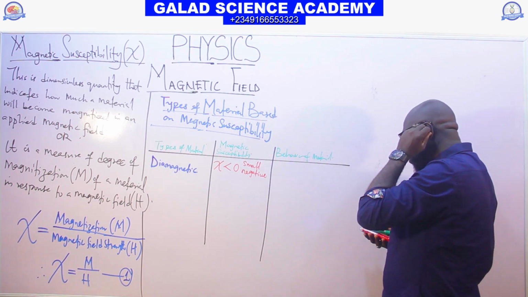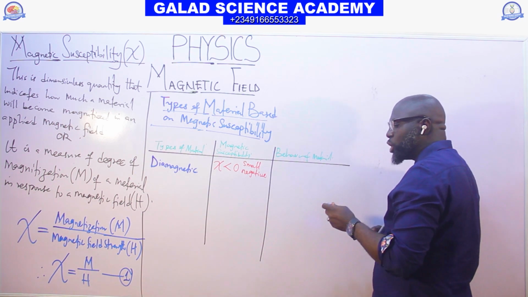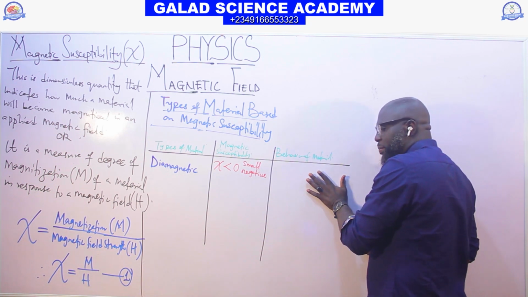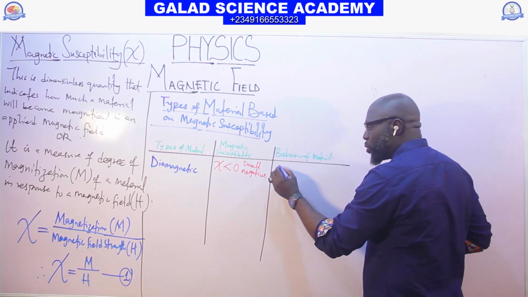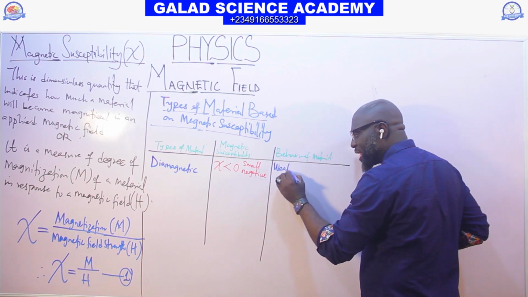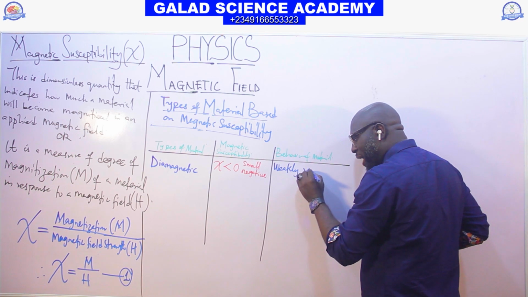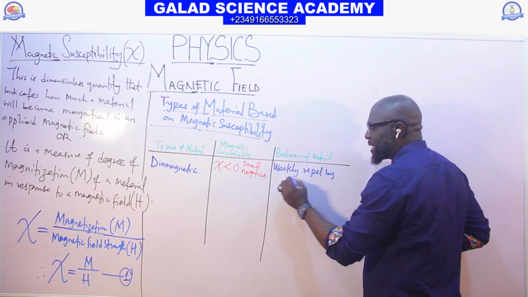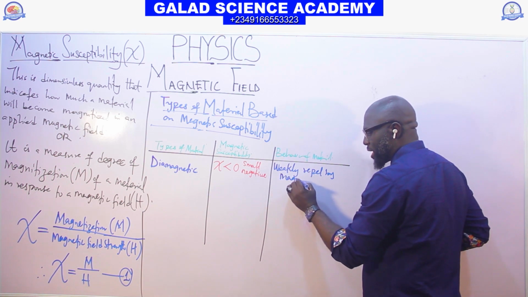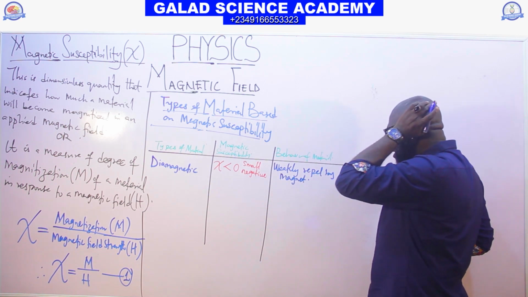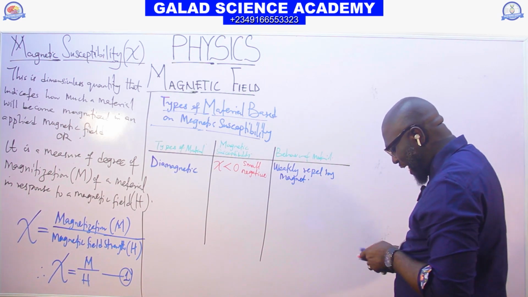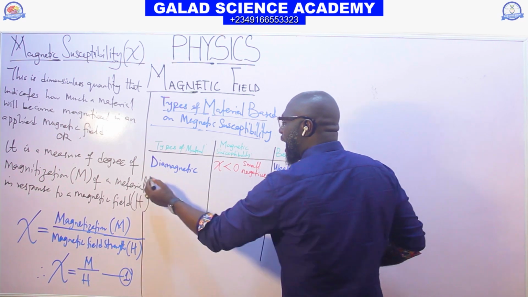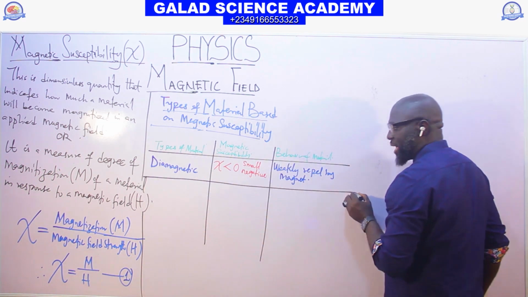But what happens to the behavior is that it is weakly repelled by magnets. So a magnetic material that is weakly repelled by magnets is called diamagnetic material.